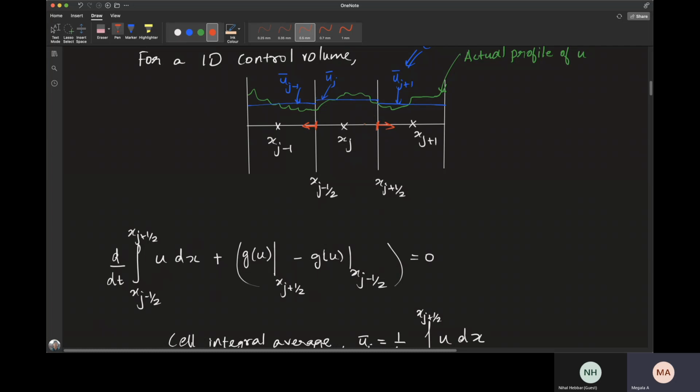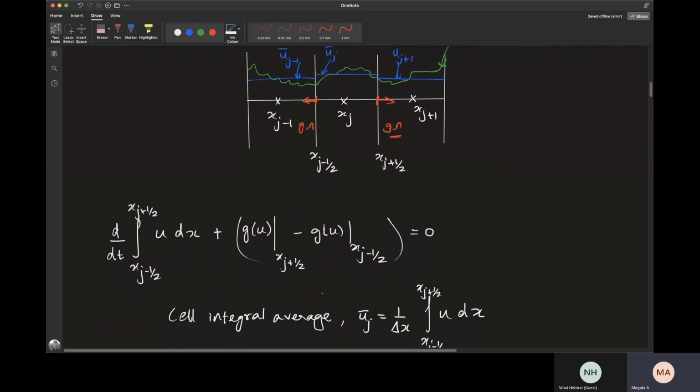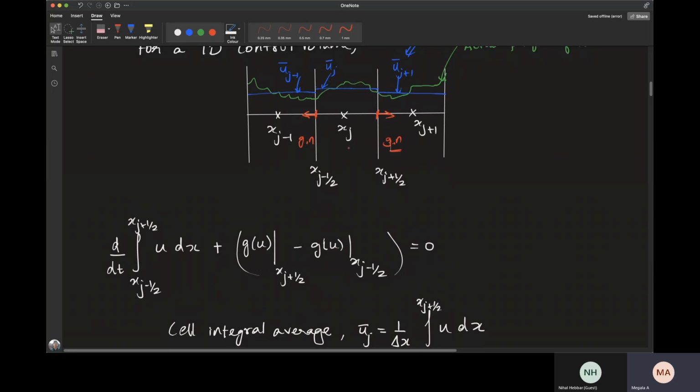So G dot n is going to be positive for this point, and G dot n will be negative for this interface. So you have G at xj plus half minus G at xj minus half. This is your interface flux, the flux going through your interface for this control volume.